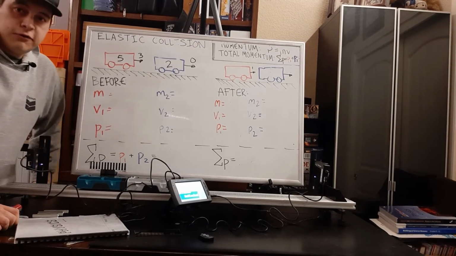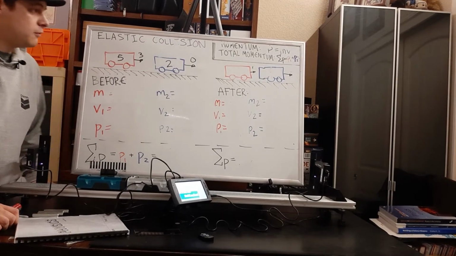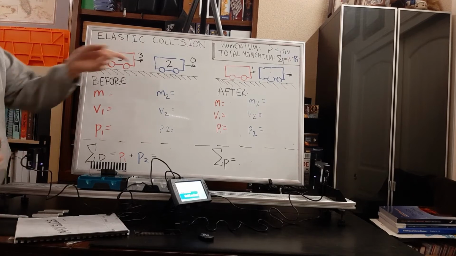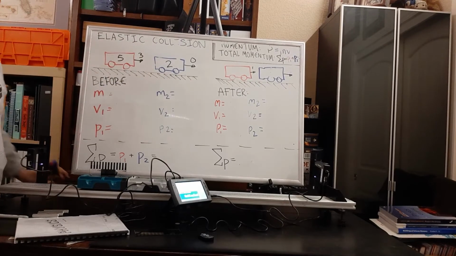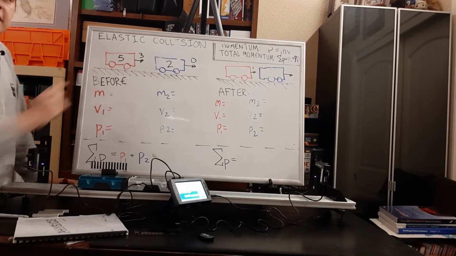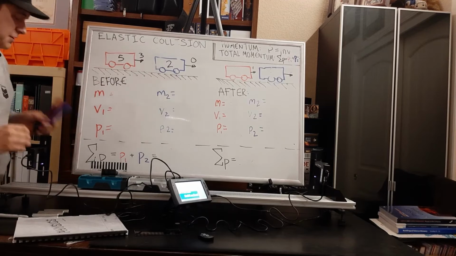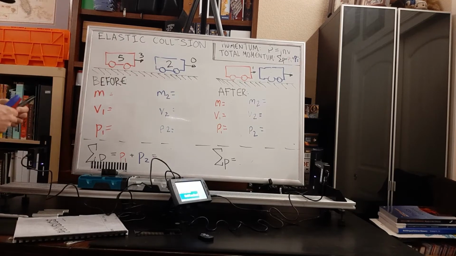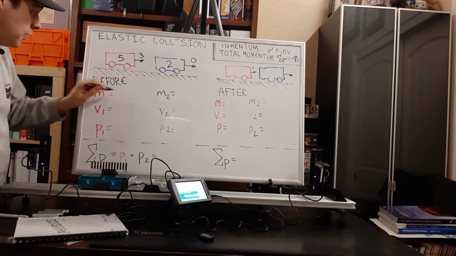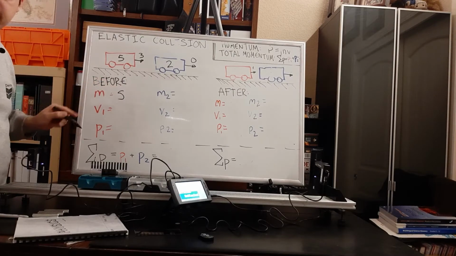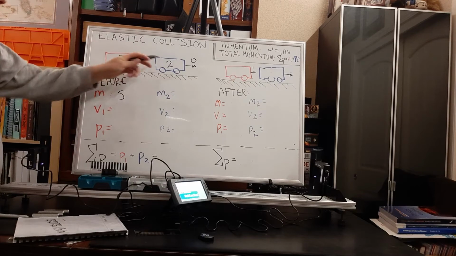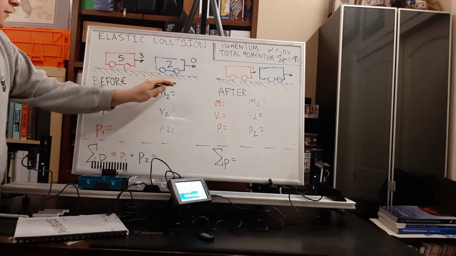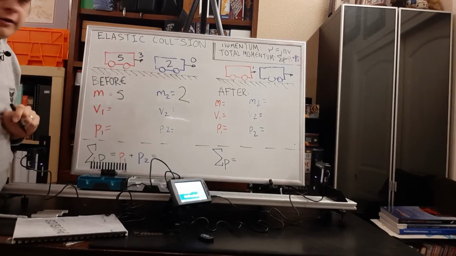In order to fill out this momentum table, we'll start by taking a look at the drawing, and we'll interpret it: the numbers inside the boxes represent the mass. From this, we can see the red car has a mass of 5 before the crash. The blue car has a mass of 2 before the crash.